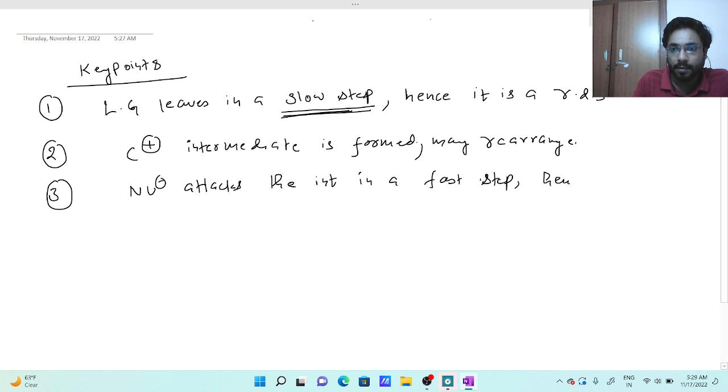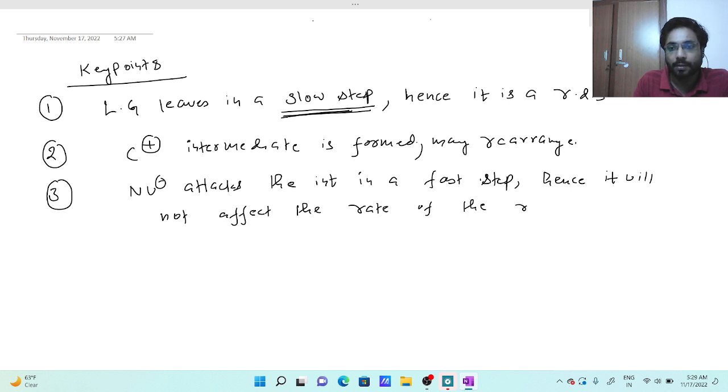Hence, it will not affect the rate of the reaction. So let us understand the meaning of this slow step and why this slow step is the rate determining step of the reaction.